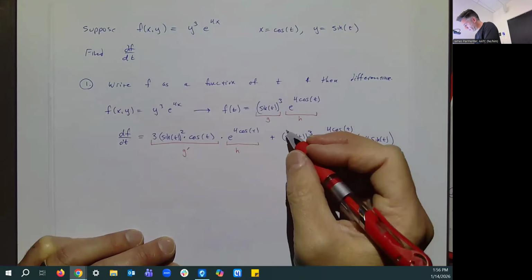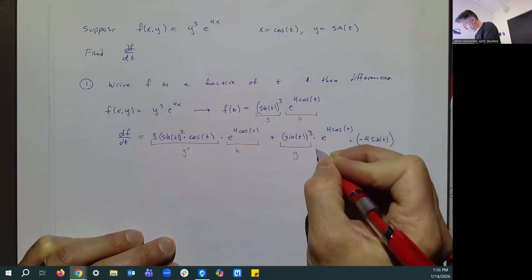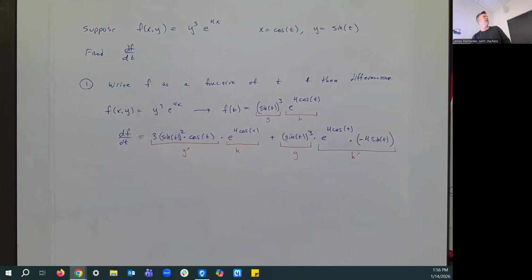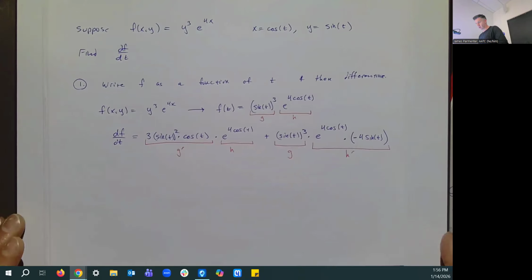That's my g times h prime. At least for this one, not incredibly terrible. Like, not nice at all, but reasonable in the realm of taking derivatives of things.